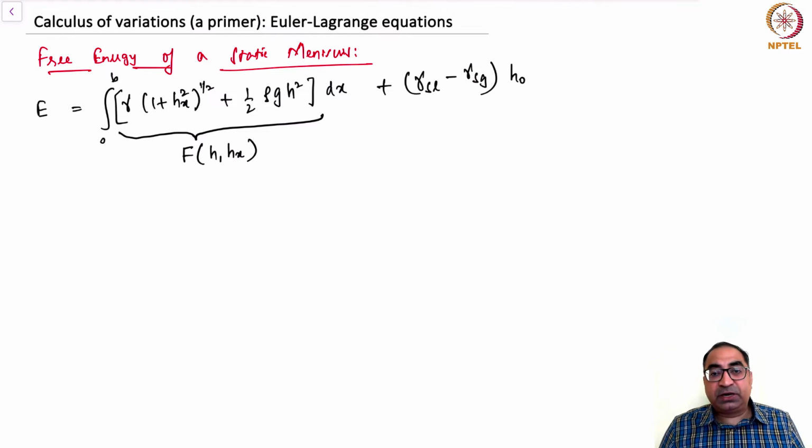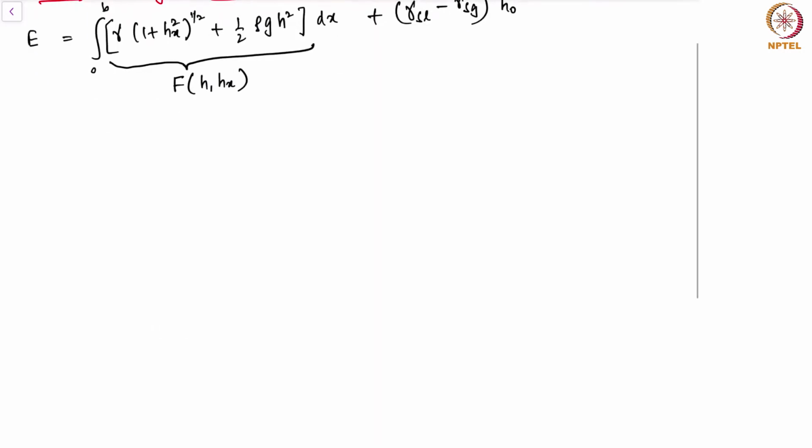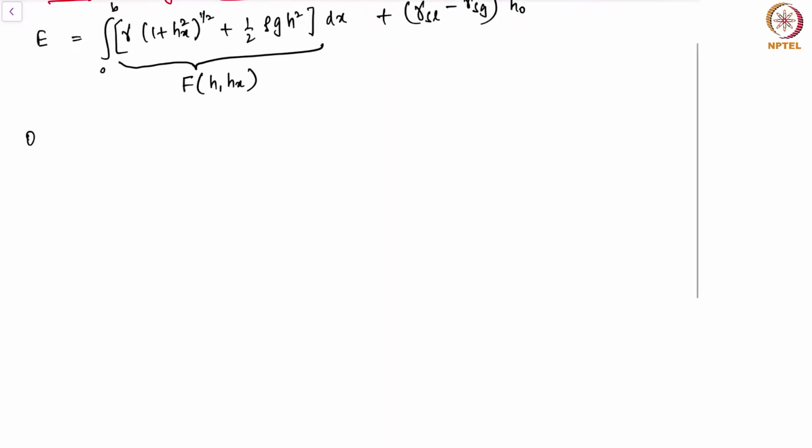So the motivation for us is fairly straightforward. We want to minimize the free energy, but this is not the only problem where we would have a minimization problem. We have other kinds of minimization problems. So let me define some of the other examples.